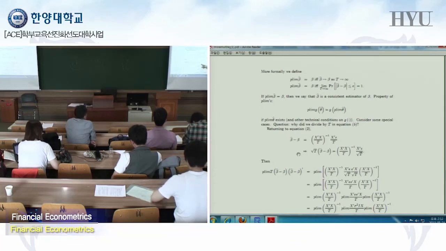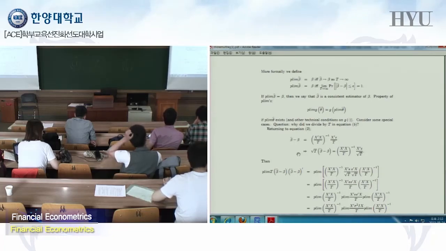So p-lim of x prime x over T inverse x prime epsilon over root T, and because it is a transpose, epsilon prime x over root T and then x prime x over T inverse. Then we can simplify this: p-lim of x prime x over T inverse, x prime epsilon epsilon prime x over T, and x prime x over T inverse.